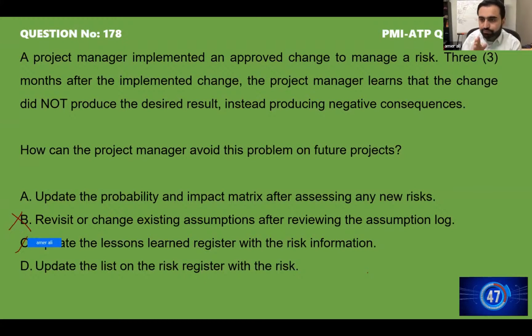Now we are left with option A and D. Alagu, you said A, right? Yes. Why? Because there they are assessing if there's any new risk, secondary or residual. Are we evaluating, updating the matrix?